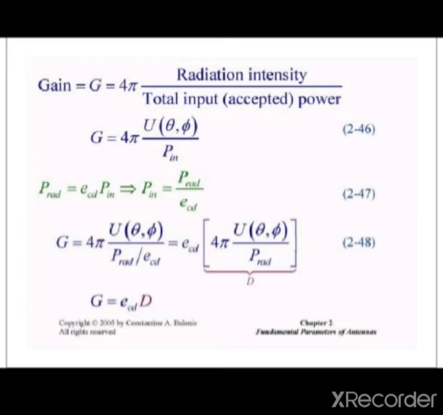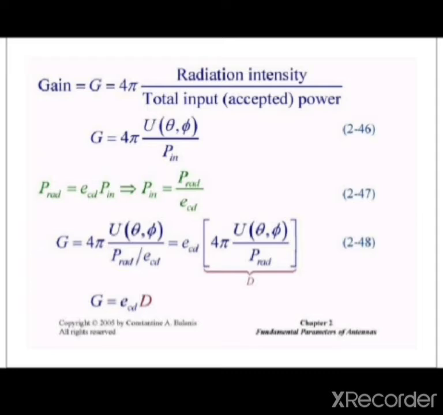From this relation, P in is equal to P radiated by e_cd. Therefore G is equal to 4 pi U of theta comma phi by P radiated by e_cd, which is equal to the radiation efficiency e_cd times 4 pi U of theta comma phi by P radiated. That is called the directivity.